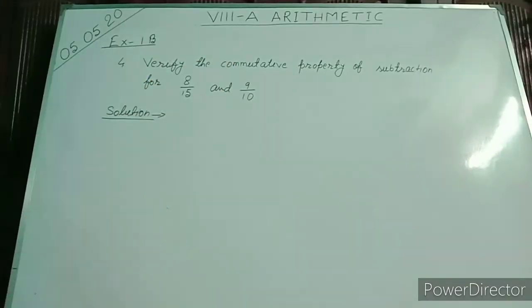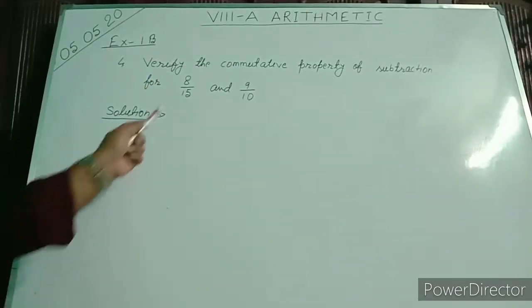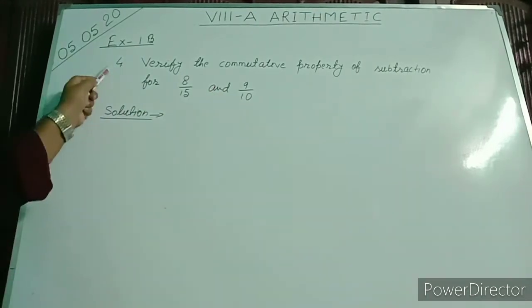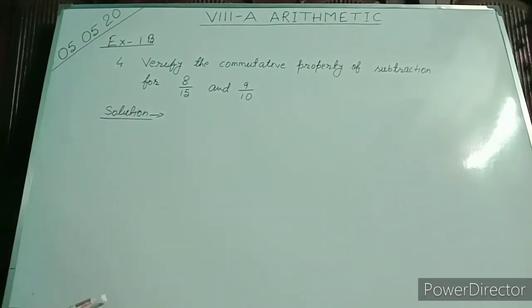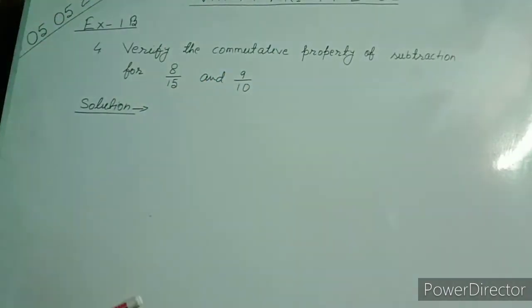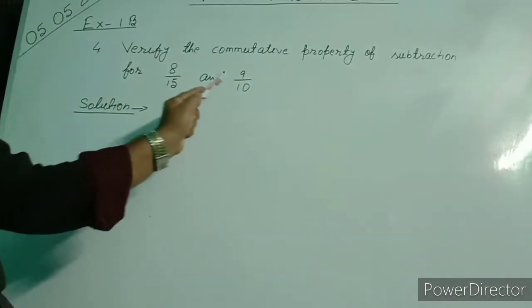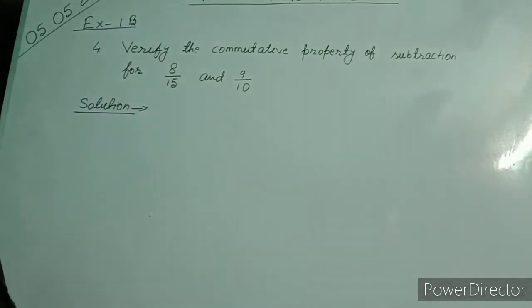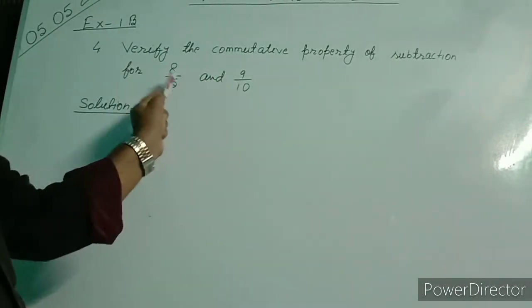Question number 4. Verify the commutative property of subtraction for 8 by 15 and 9 by 10. The commutative property of subtraction will be satisfied if this minus this is equal to this minus this.